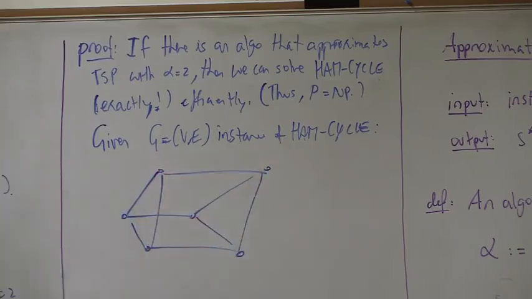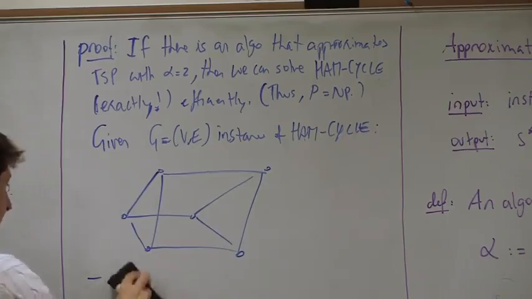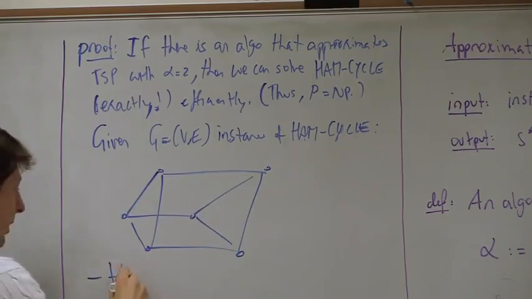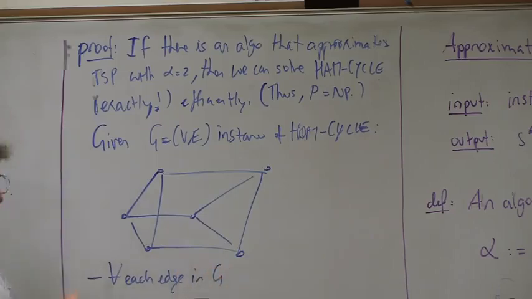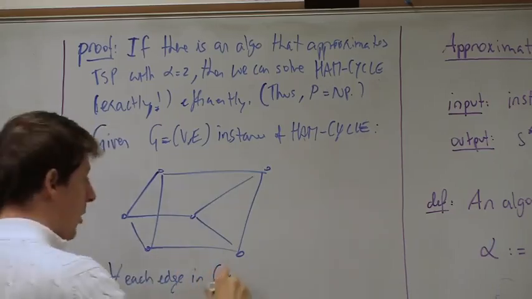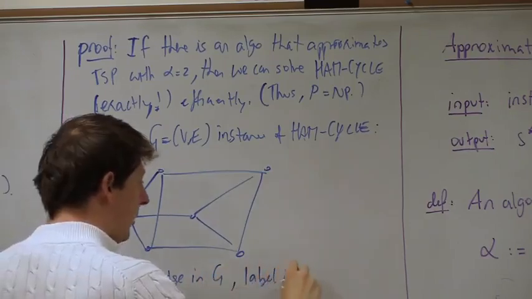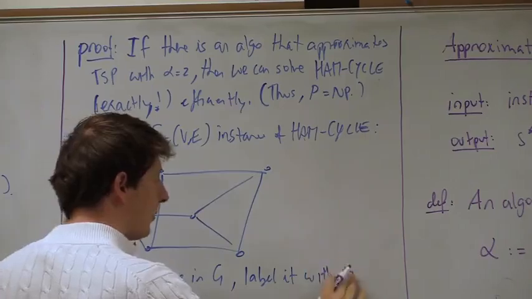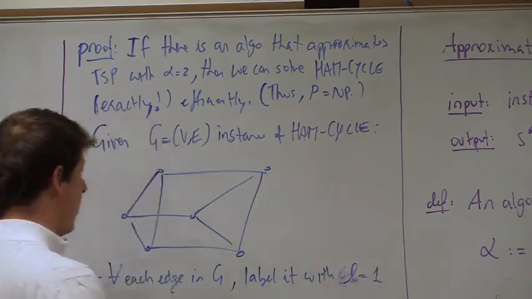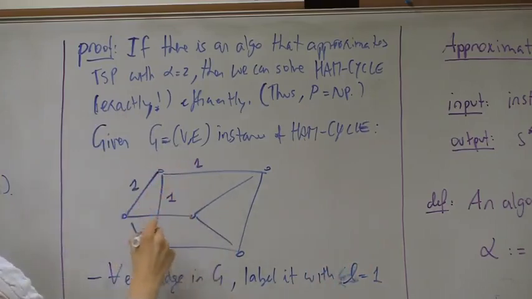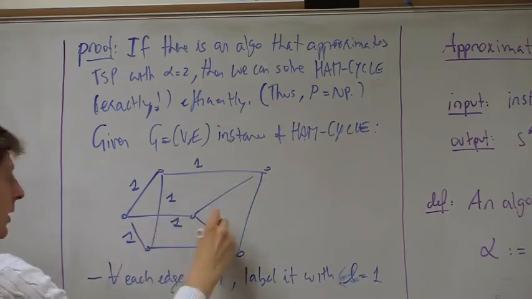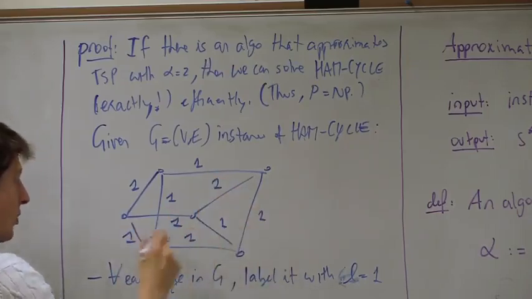So we're going to modify this. First, for each edge in G, we're going to label it with a 1. This edge already is part of the graph: 1, 1, 1, 1, 1. Put a 1 everywhere we have an edge.